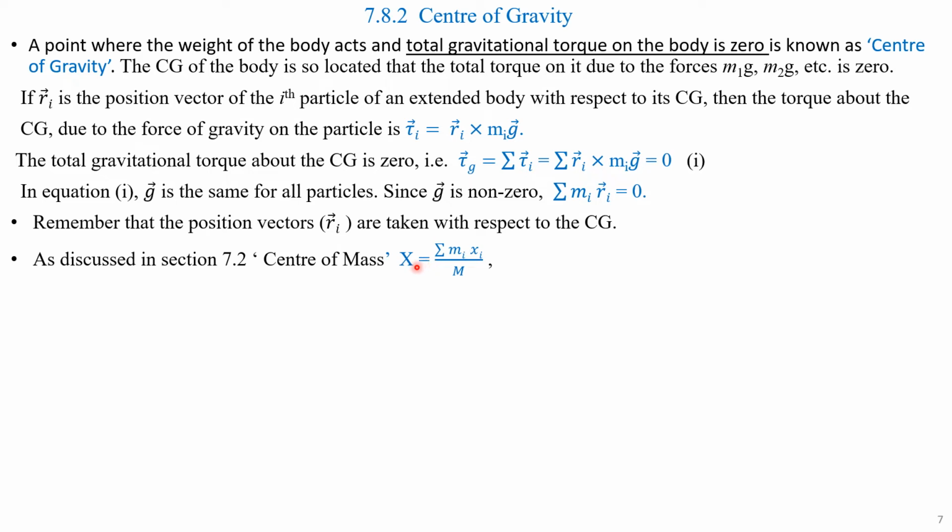Similarly, we defined y and z. Please go back to section 7.2, the link for which is given in the description of this video. If the sum is 0, the origin must be the center of mass of the body.